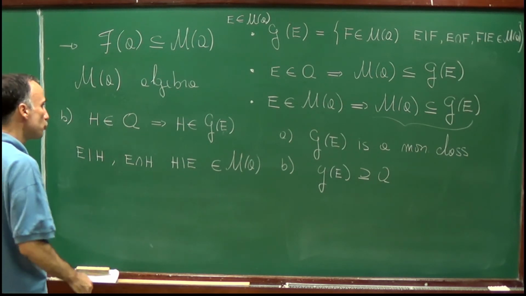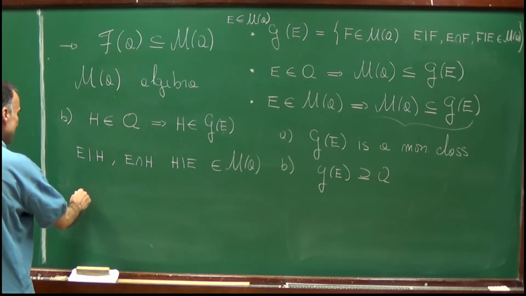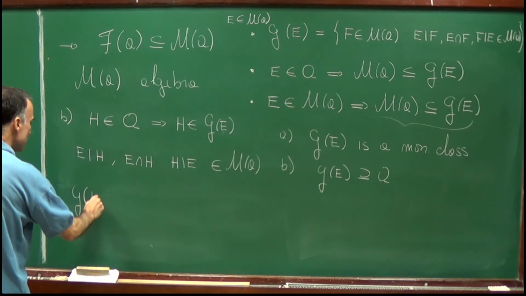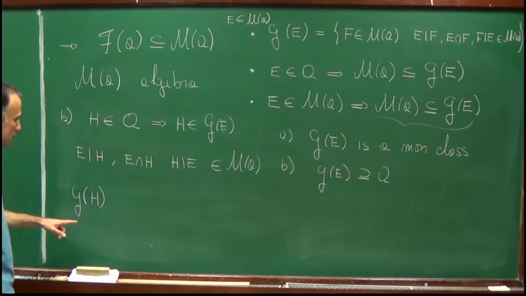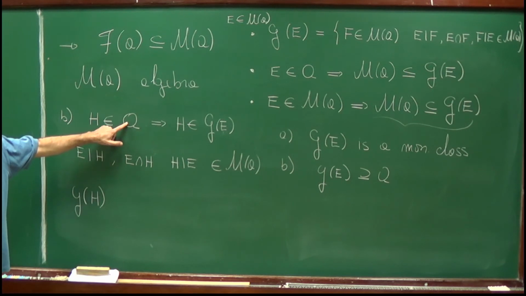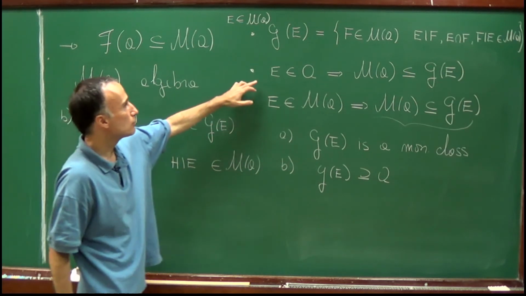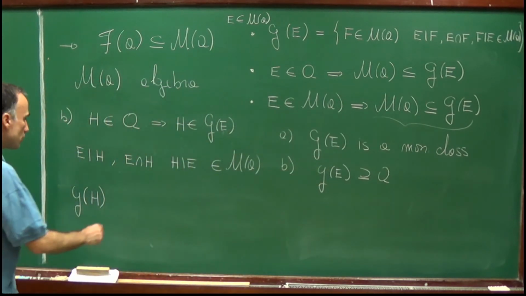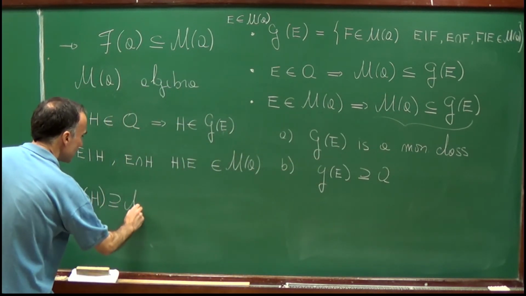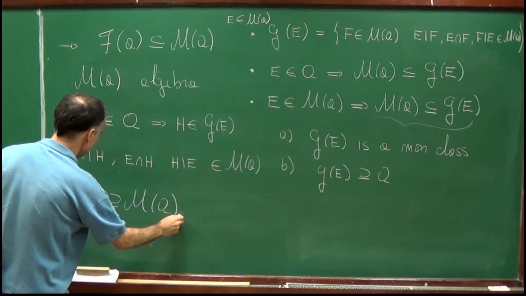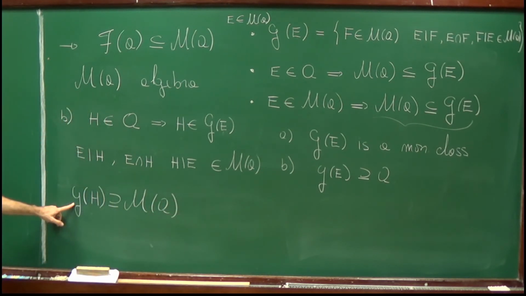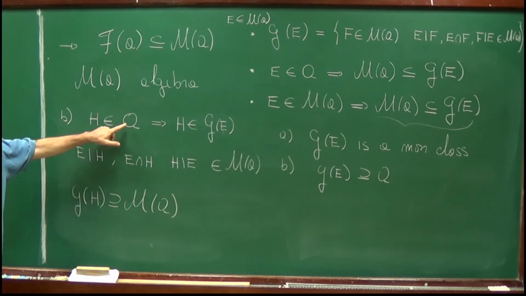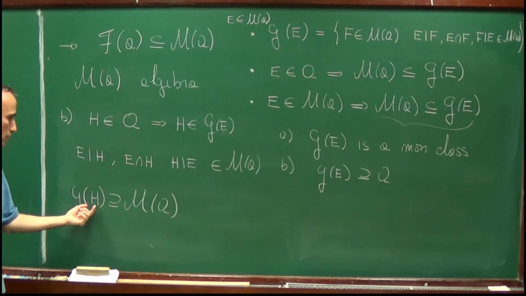However, because H is an element of the algebra, by the first part of the proof, we know that G of H contains M of A. Right? In the first part of the proof, we have shown that if we have an element H of the algebra, then G of H contains the monotone class.